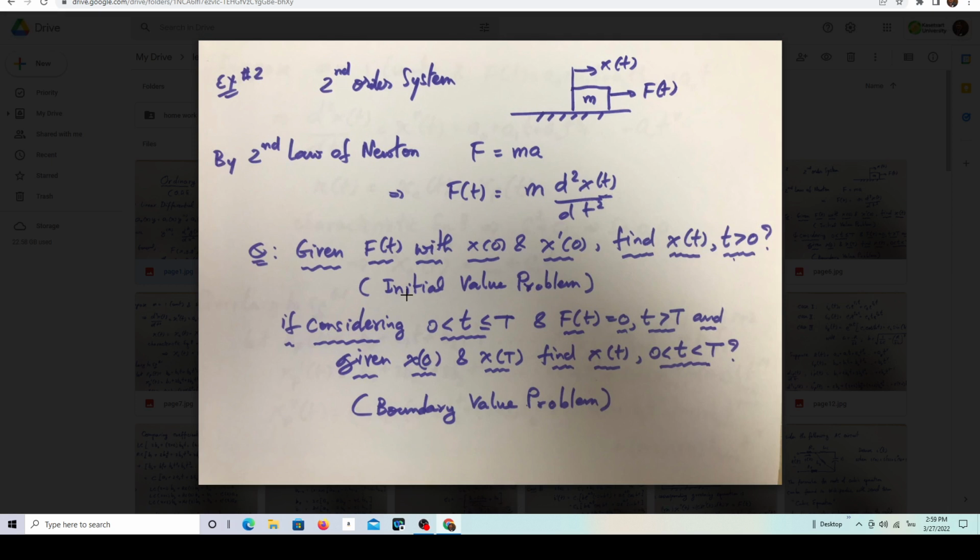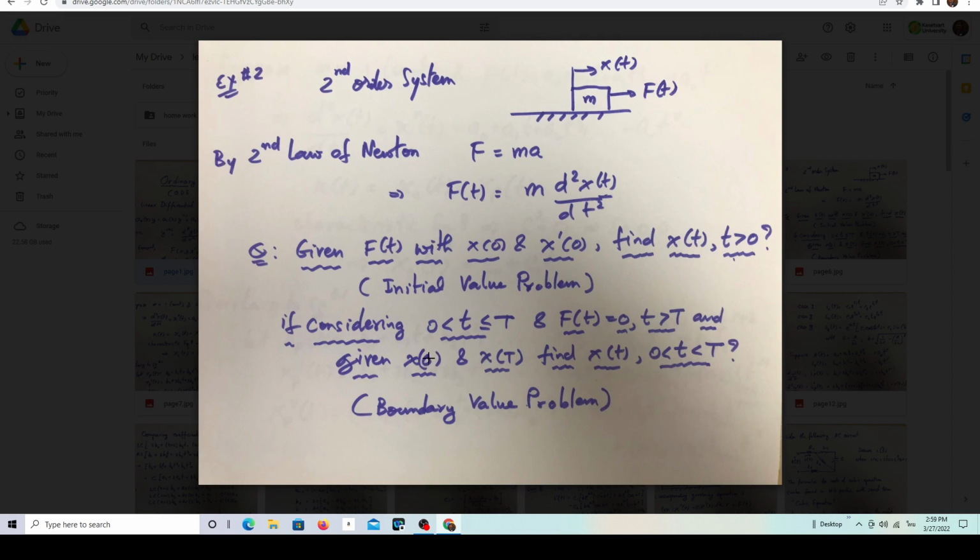Here we give the starting displacement x(0), at t equal to 0, and the finishing displacement at capital T.